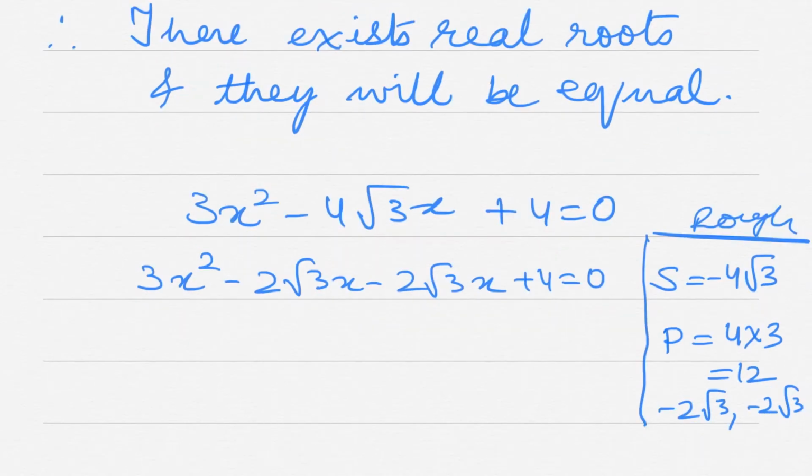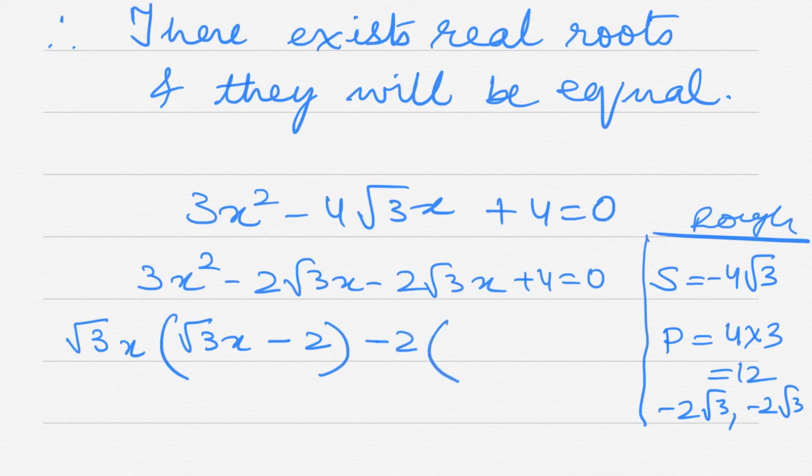Here I'll have root 3 common, because 3 is root 3 into root 3, so root 3x minus 2, and here I'll take minus 2 common, so I'll be left with root 3x minus 2 is equal to 0.